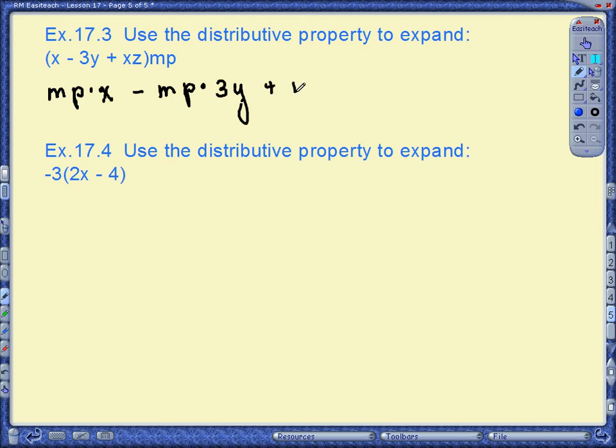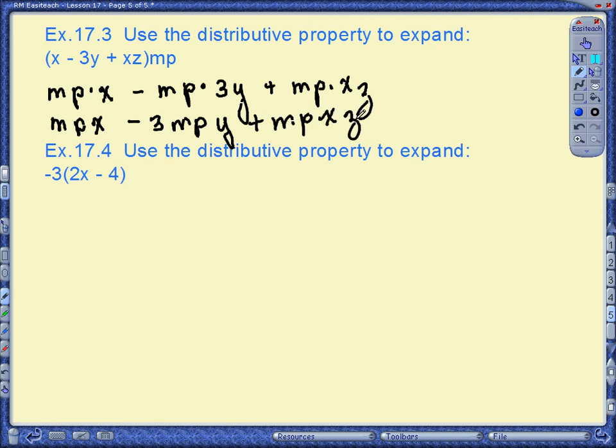And we're going to multiply mp times xz. And again, we want to put everything in our answer in alphabetical order. We want to rearrange this so that the numerical coefficient is first, and mpxz. And that's the best answer.